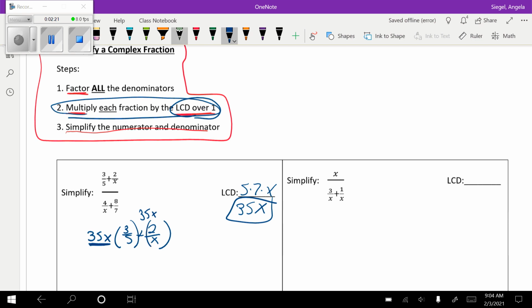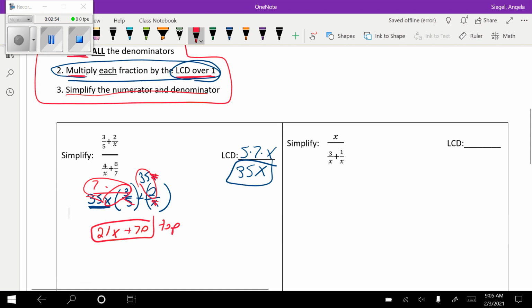Let's see what happens here. 5 goes into 35 7 times, and so I'm left with 5 times 3x, so 15x. Sorry, I wrote down a 5, 7. So 7 times 3 is 21, so 21x. And then over here, the x's are going to cancel out, and that's it. So I have 35 times 2, which is 70. So this is going to be on top of our fraction.